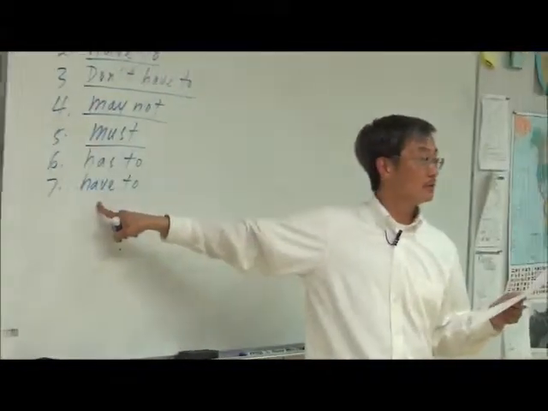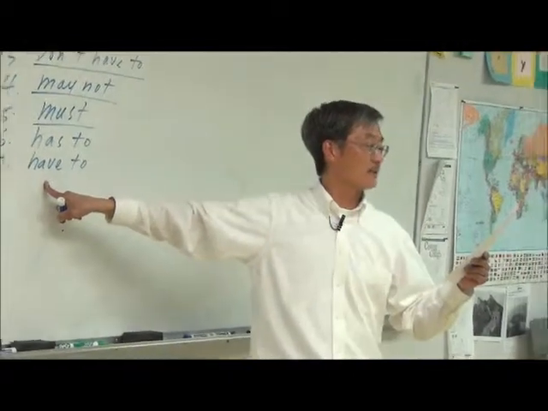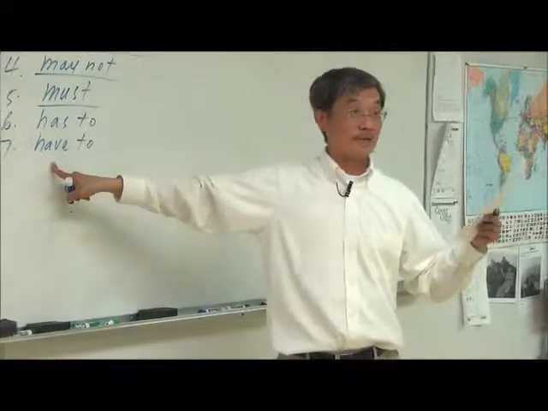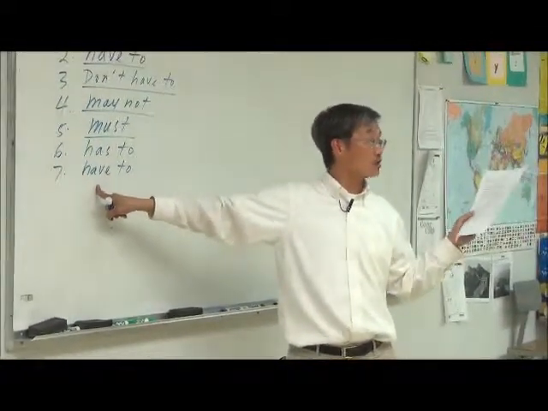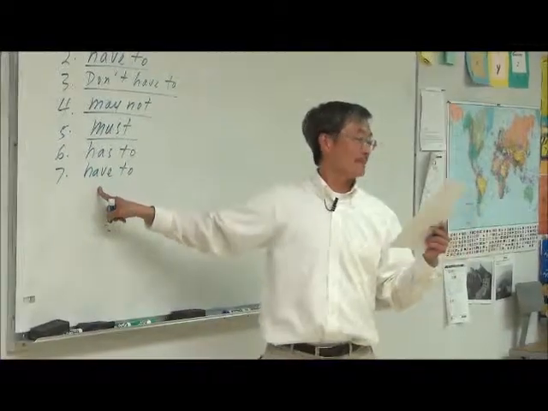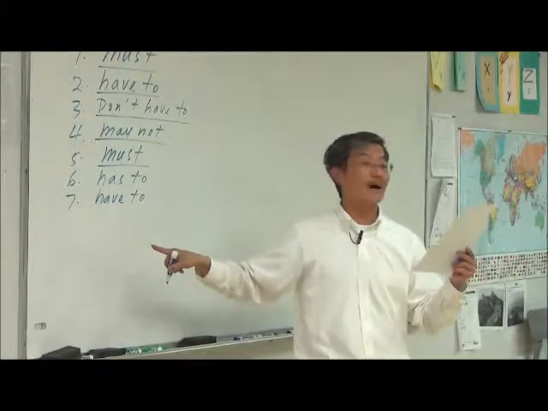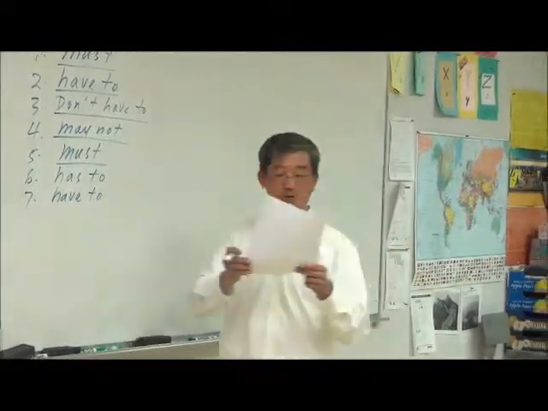Again, have to relates to what? Plural subjects, right? What's the plural subject? Students. The sentence says students. All the students at San Mateo Adult School have to support our school to maintain our educational strength in the Bay Area. Okay, so we're almost done.